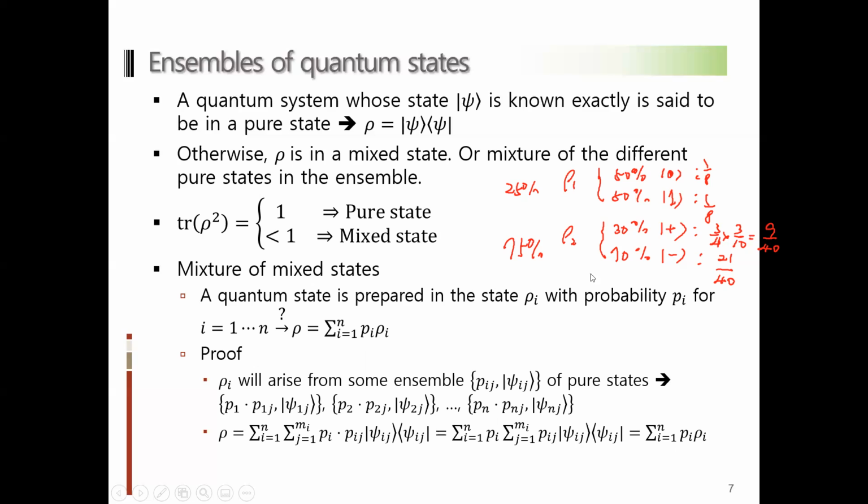So eventually, the total density matrix of the total situation can be expressed in this way. That's how you can combine a mixture of mixed states. I know it is a little bit confusing, but it is quite an interesting idea.